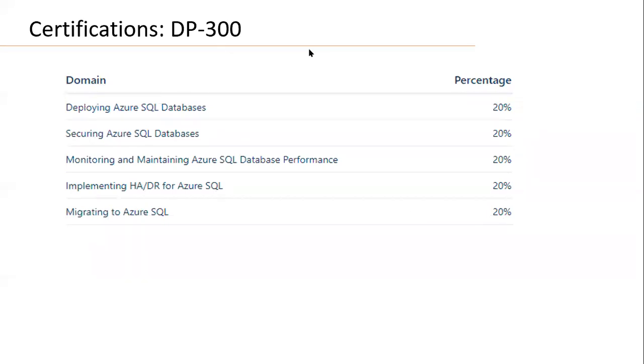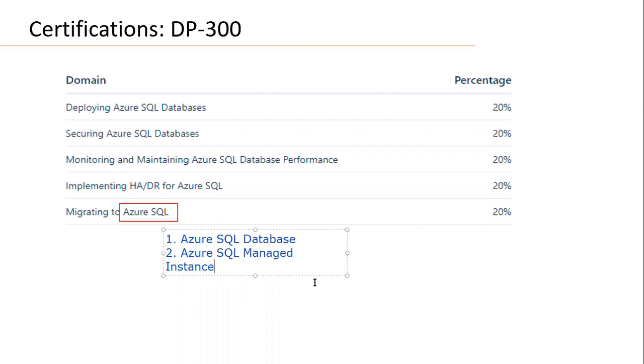See this Azure SQL here. Azure SQL actually has three topics, and we'll see that in detail again. I'm just listing them. One is Azure SQL database, where we are working at the database level. Then Azure SQL managed instance, where we are working at the instance level.